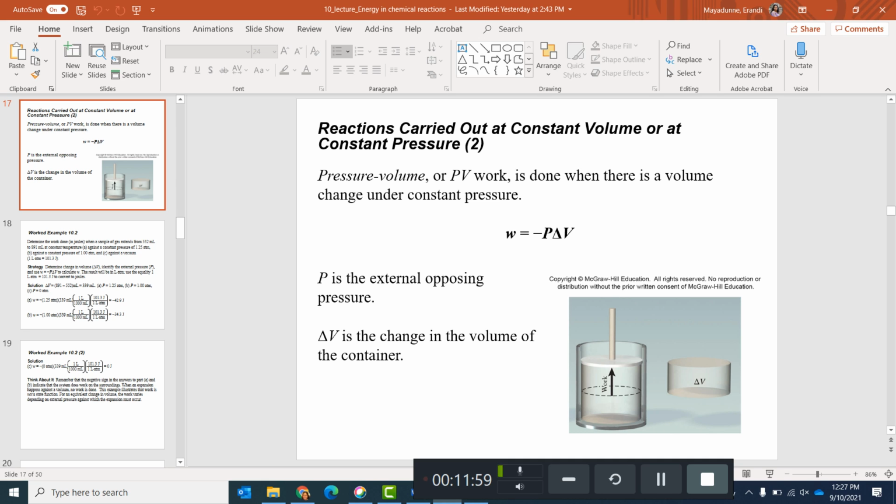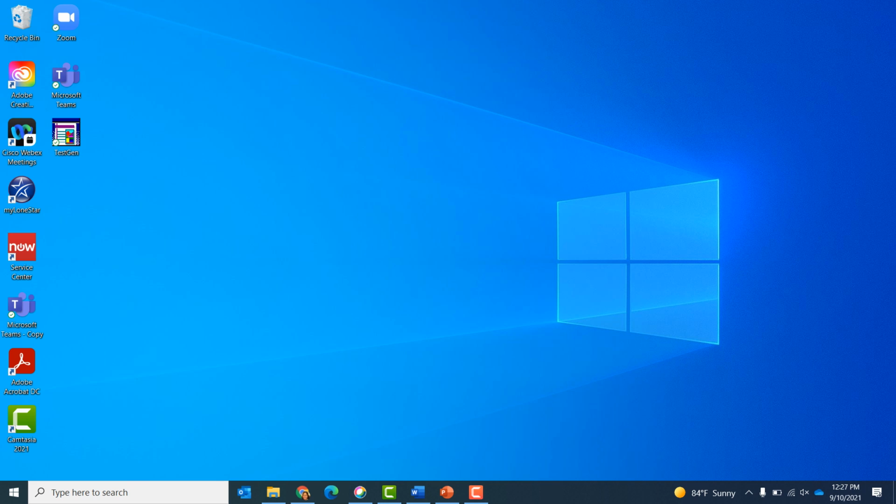Now the system has to do work to expand. So the final is 100, the initial is 50. Think about it, at the beginning it's 50 milliliters, at the end it's 100 milliliters. So 100 minus 50 is 50. Pressure, think about that happening at atmospheric pressure, which is always 1.